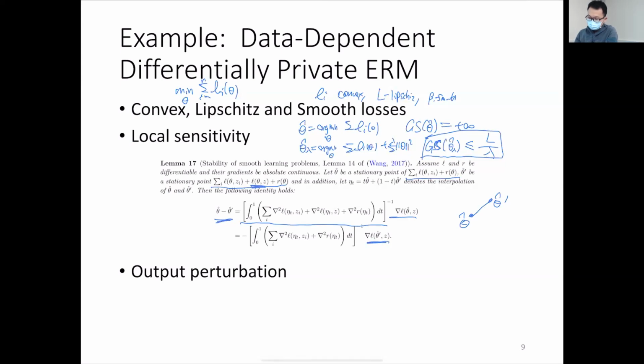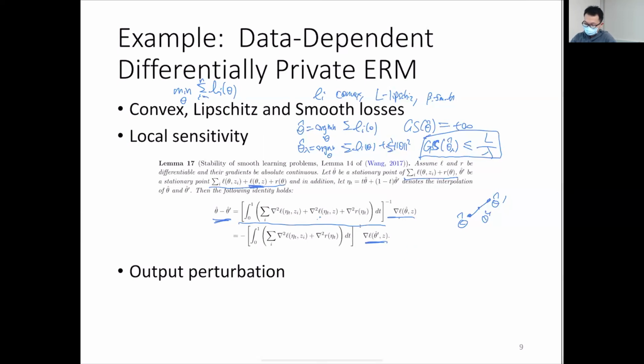And by the intermediate value theorem, there also exists some other theta tilde on the line segment that you can substitute into this, which gives us the inverse of a concrete Hessian matrix over there. But the point is that this is completely data dependent, because it depends on the entire input data set through this Hessian, and it depends on this individual perturbation through this gradient and Hessian of this individual data point. And we can upper bound this.